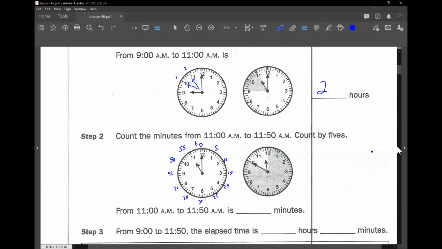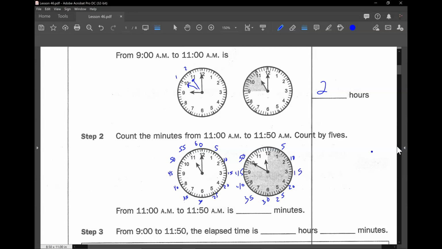Okay. So now we have to count the minutes from 11 to 11:50. So we're counting by 5s. So we're going 5, 10, 15, 20, 25, 30, 35, 40, 45, 50.